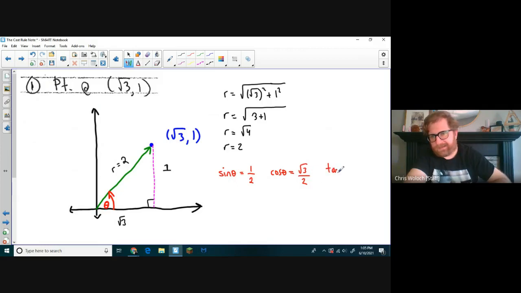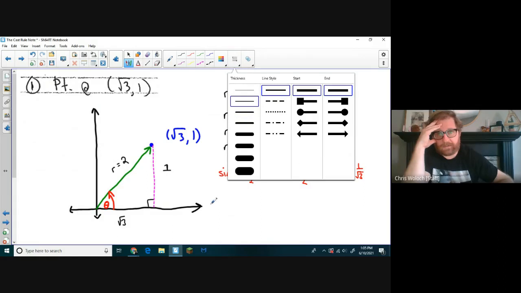And then tangent of theta, which is y over x, which is 1 over √3. So those are our 3 primary trig ratios, and we always leave them in exact form, no decimals, because decimals are gross.